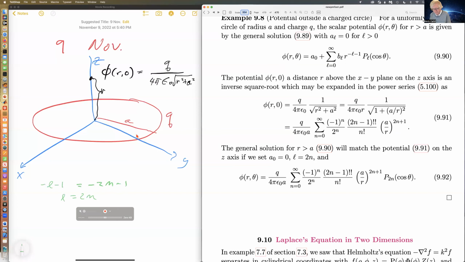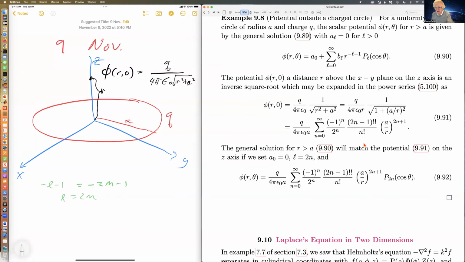In other words, the thing that multiplies this, the Legendre polynomial, is P2n that multiplies that. So that's our Legendre polynomial.